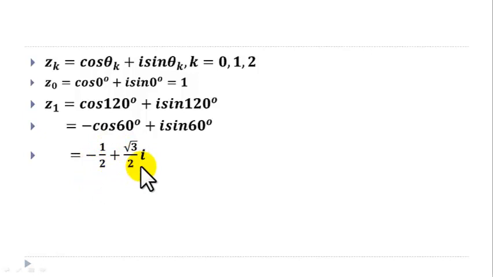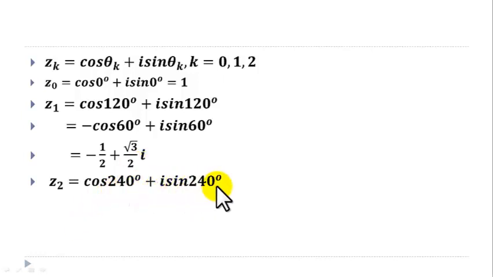Now for k equals 2, we have z2 equals cos 240 degrees plus i sin 240 degrees. 240 degrees is in the third quadrant. Cos is negative in the third quadrant, and sin is also negative in the third quadrant. To find the trig ratio for the angles in the third quadrant, we have to subtract 180 from the given angle.